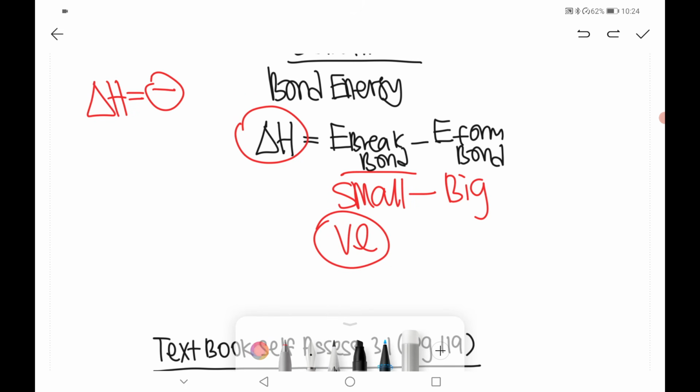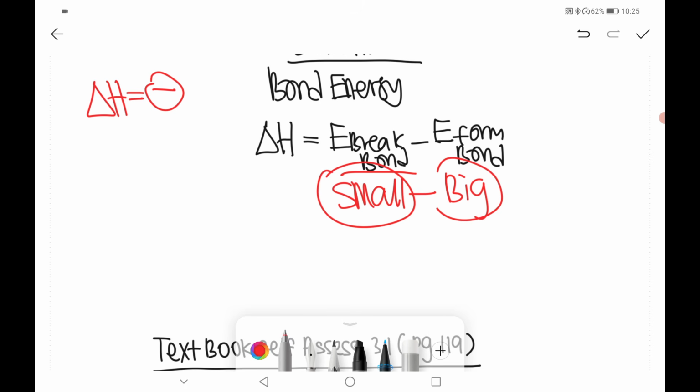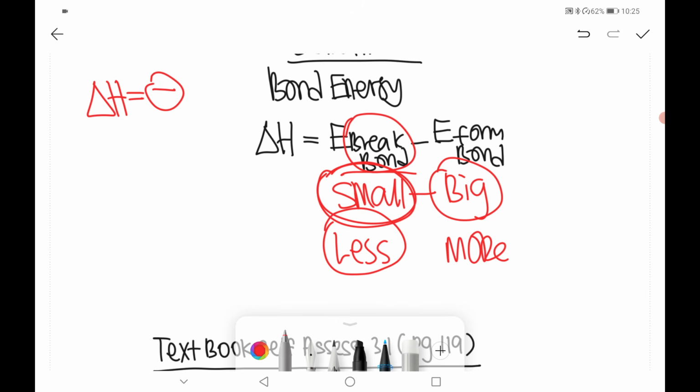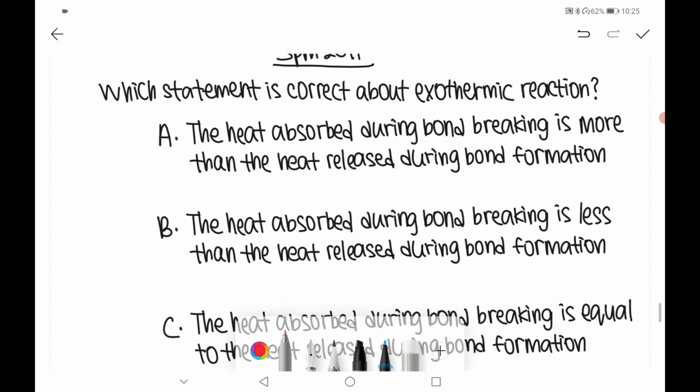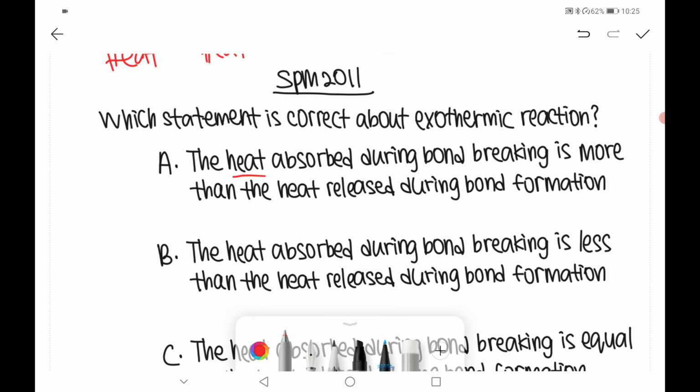So now, if the first is small and the second is big, small means what? Less. And this is more. So the breaking bond should be less than the forming bond. So let's look at it. The heat absorbed during bond breaking is more? You don't want more, right?